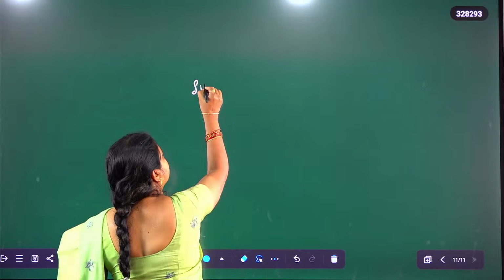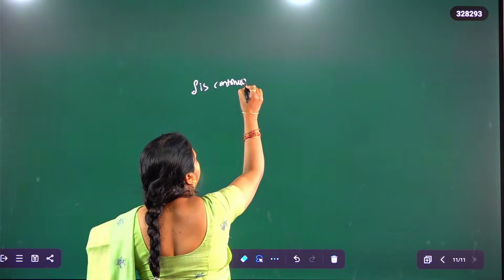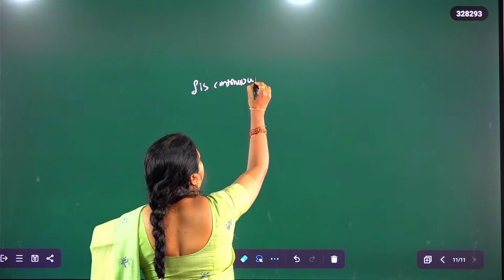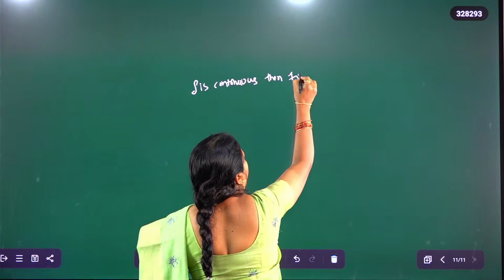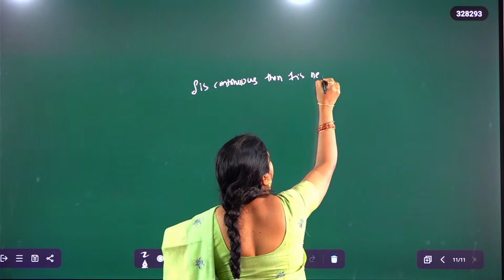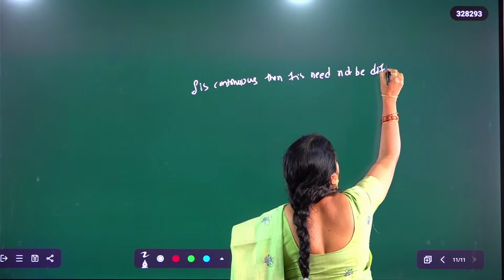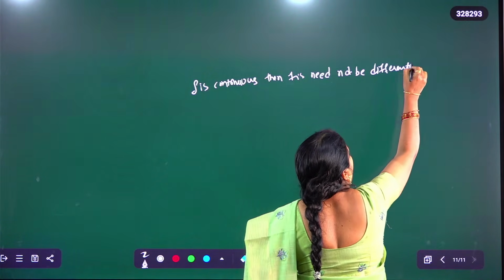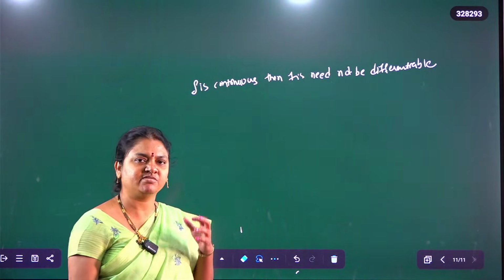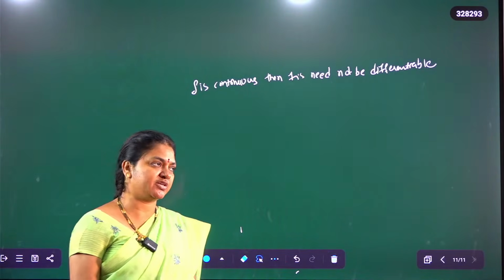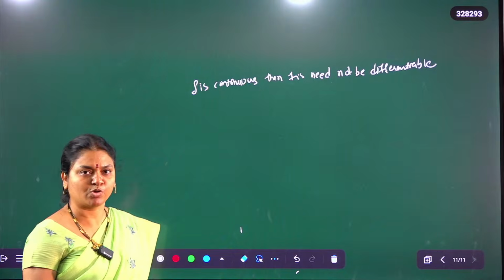If f is continuous, then f need not be differentiable. Need not be means it may or may not be differentiable. Sometimes it is differentiable, sometimes it is not differentiable. Where it is not differentiable, we will prove this one by one problem, right?